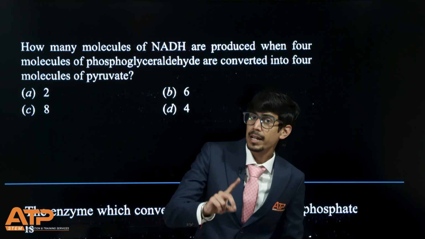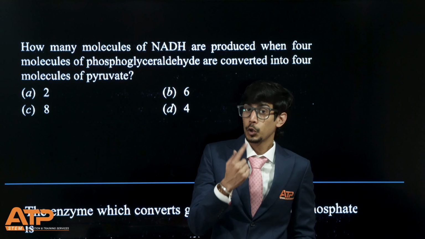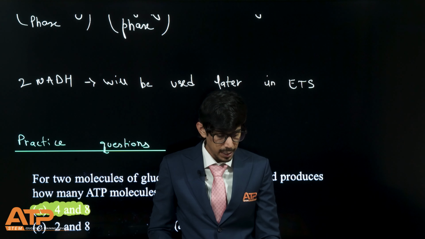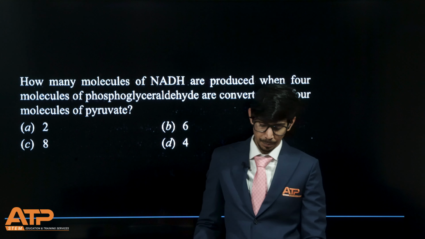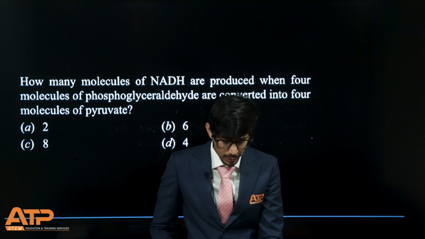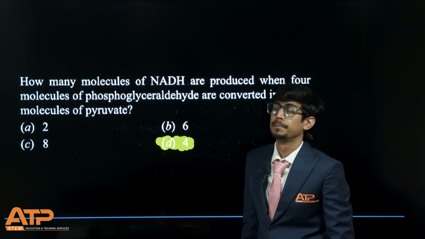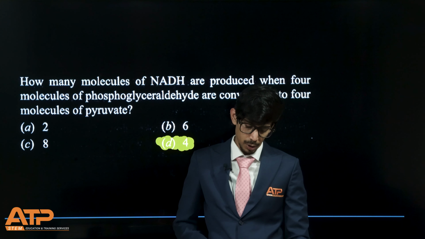So how many NADH were we getting for 2 molecules of pyruvic acid? 2. Remember, 2 NADH we were getting. So for 4 molecules of pyruvic acid, simple, 4. So the correct answer here would be 4. We will be getting 4 NADH molecules.